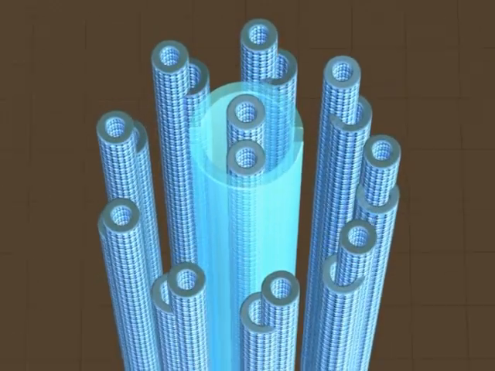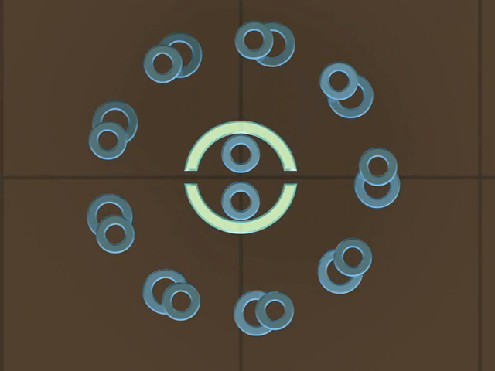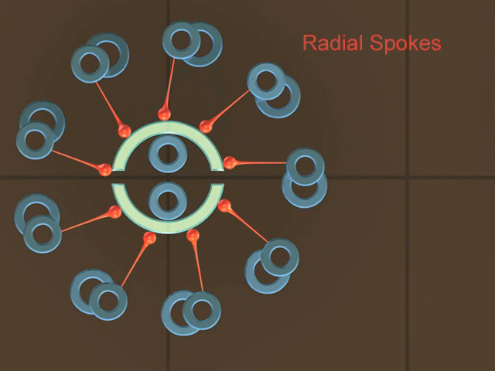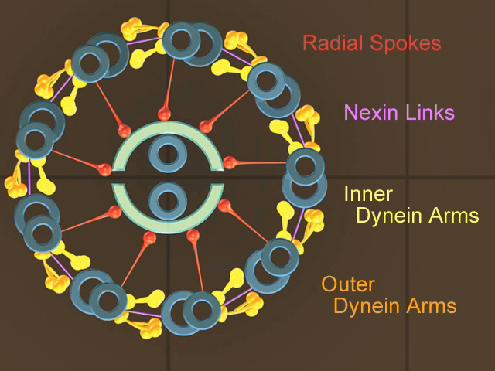Several linking structures connect the outer microtubule doublets to the central core of the cilium and to each other. Radial spokes connect each microtubule doublet to the central sheath. Nexin links connect each microtubule doublet to the adjacent doublets. Inner dynein arms and outer dynein arms also attach adjacent doublets and power the motion of the cilium.